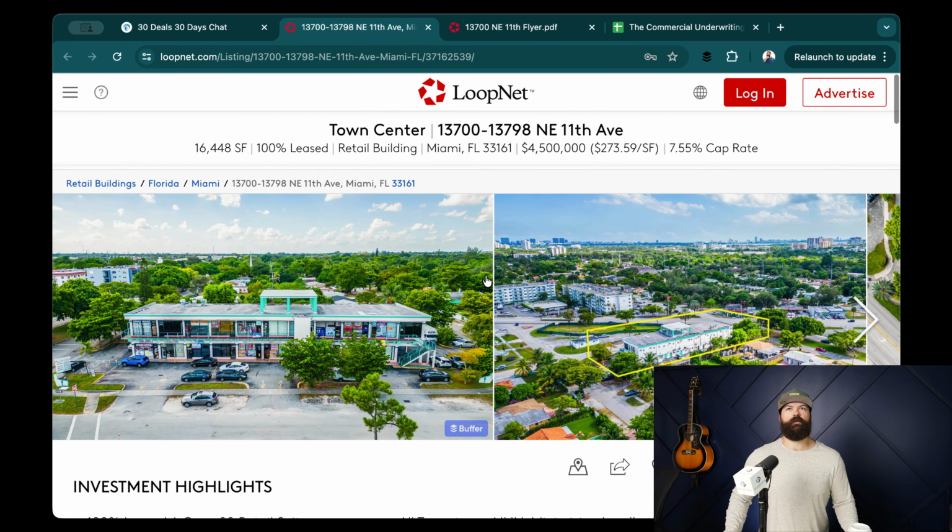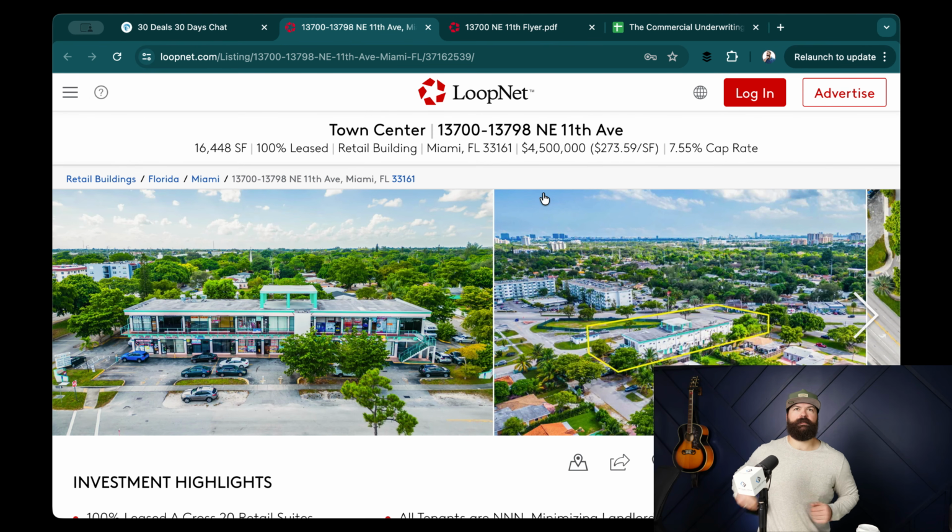All right, so it's a 7.5% cap rate on $4.5 million. That'll give us a total rent number. So $4.5 million times 0.0755 gives us an NOI of $339,750, divided by 16,448 gives us $20.66 a square foot on average.